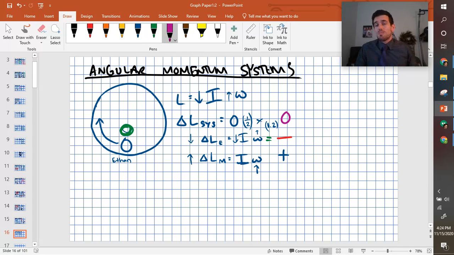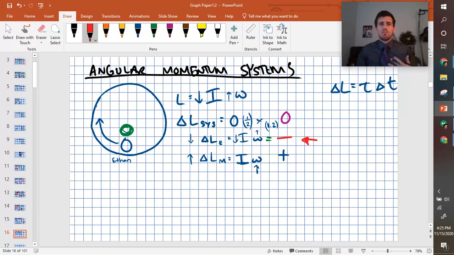But what's important to mention here is that if we're looking at the individual pieces, there must have been a torque applied to each one of them. The only way to change angular momentum is by applying a torque over time. If we want a delta L, we need a torque applied over time. So if we had a change in Ethan's angular momentum, then he must have had some kind of torque applied over a period of time.